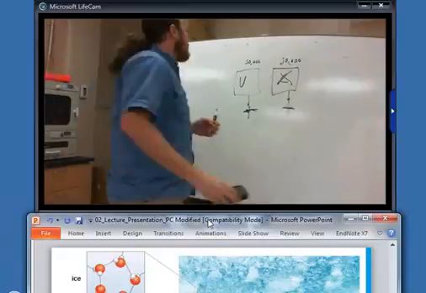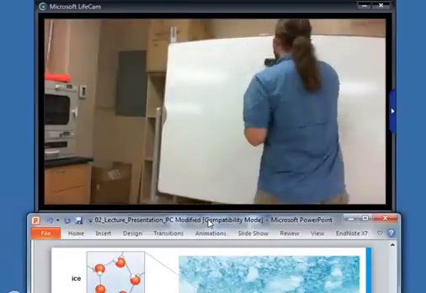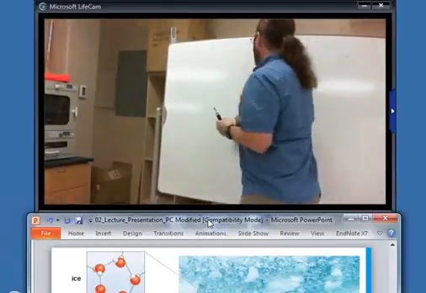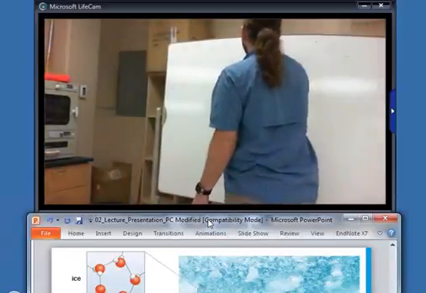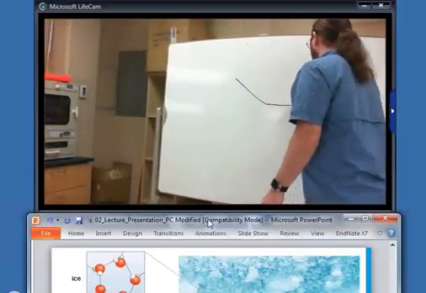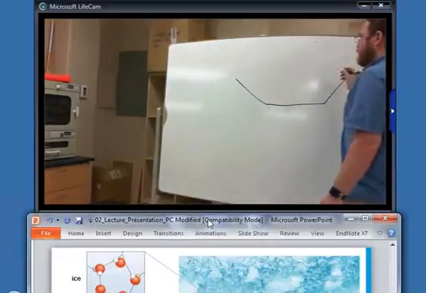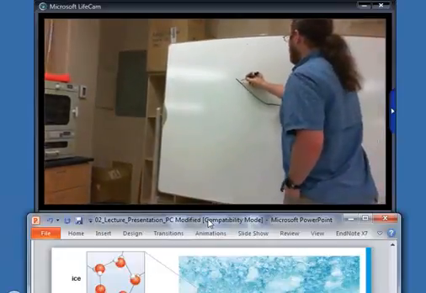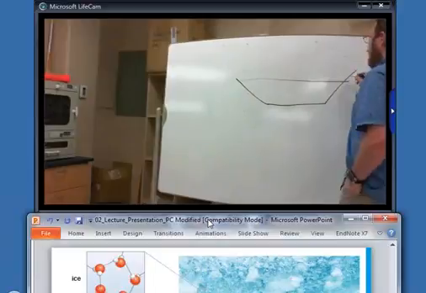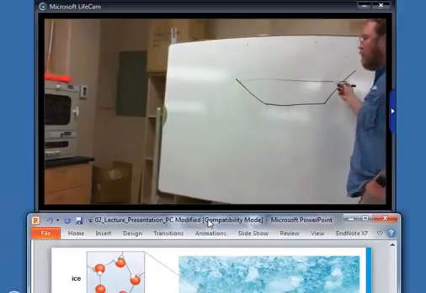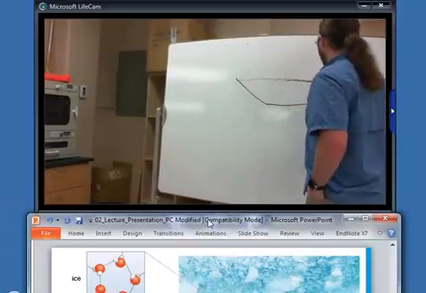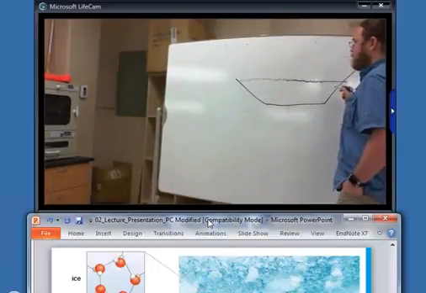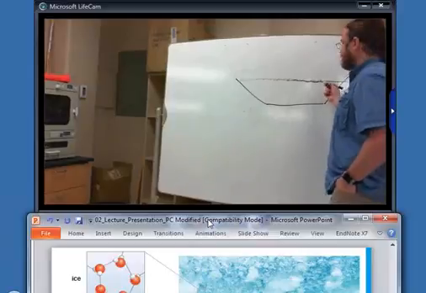And so what this does is it gives us an effect in lakes. If we draw a lake, here's the lake. We have water in the lake. When that water freezes, because it's cold outside, it stays near the top, because ice floats.